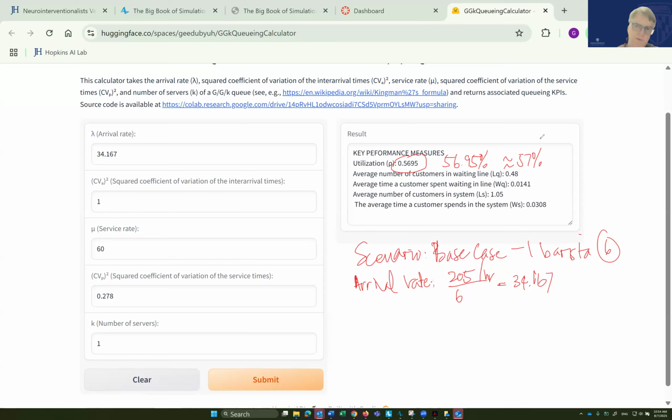Now, we're just exploring a reduction of one. You could explore going down to 5, to 4, to 3. It's your call where you want to go analytically. At some point, utilization is going to get up into regions that are going to challenge their ability to stay in the job.